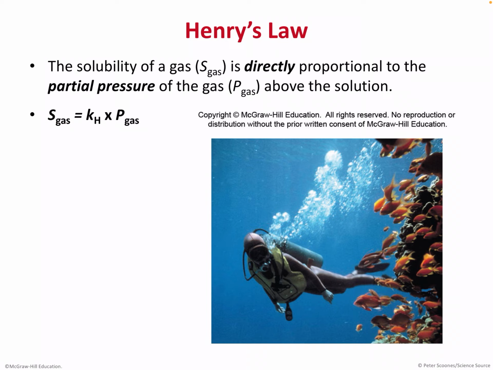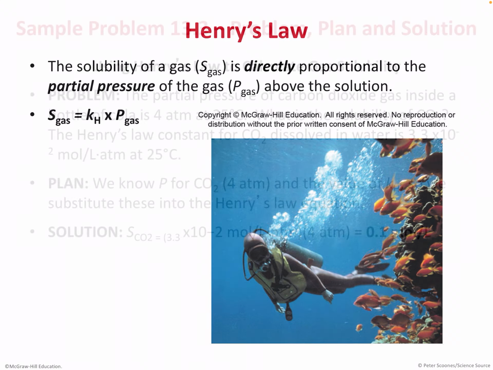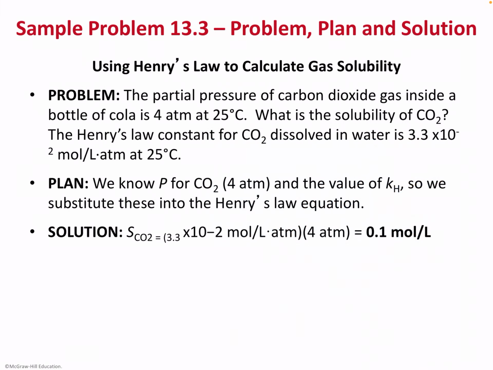Let's look at this with an example, also with the Henry's law constant. Using Henry's law to calculate gas solubility. The partial pressure of carbon dioxide inside the bottle of cola is 4 atm. So the partial pressure is given as 4 atmospheres.